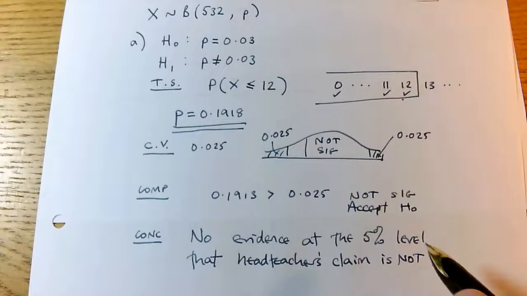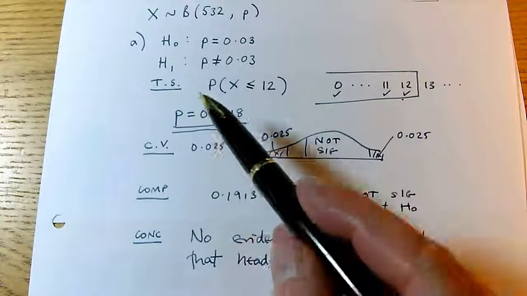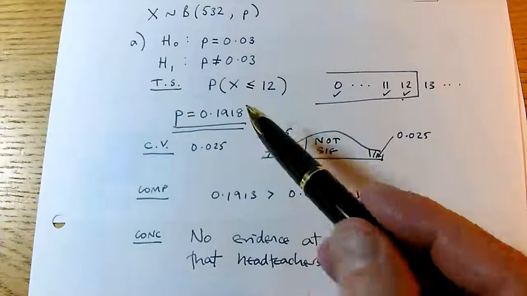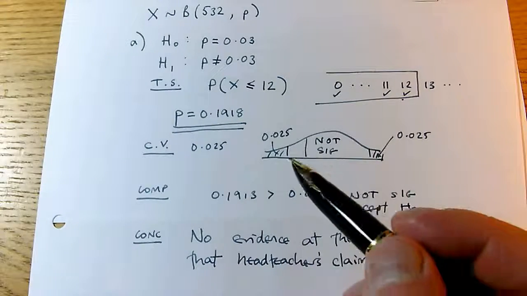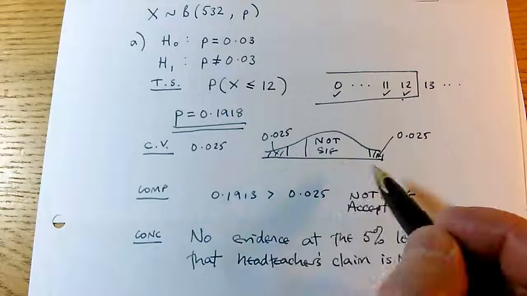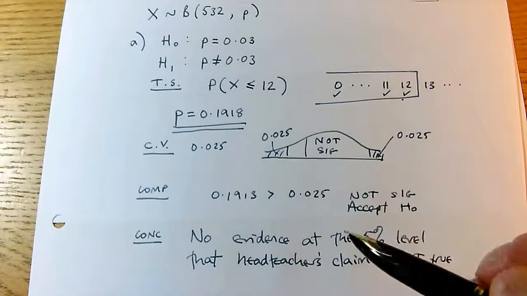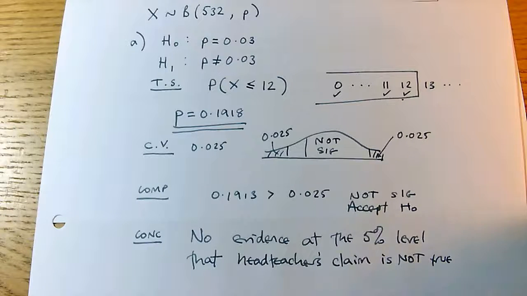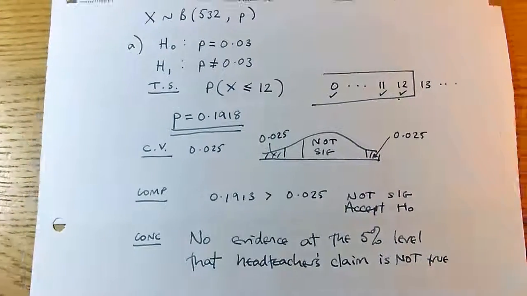The head teacher claimed it was 0.03. The outcome of 12 students being late wasn't all that unlikely according to the head teacher's claim. So it wasn't in the critical region on either end of the distribution. So the head teacher's claim has survived our test. We didn't get evidence that it wasn't true. So that completes the essential hypothesis test.